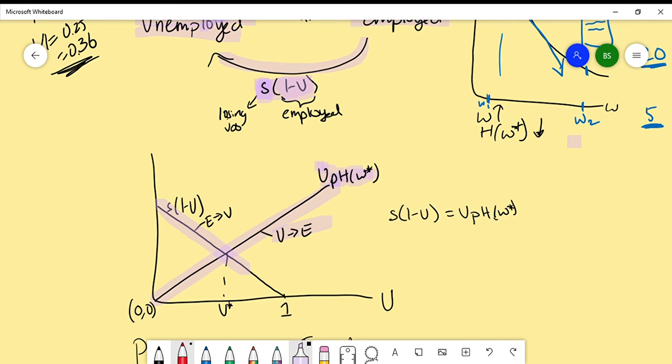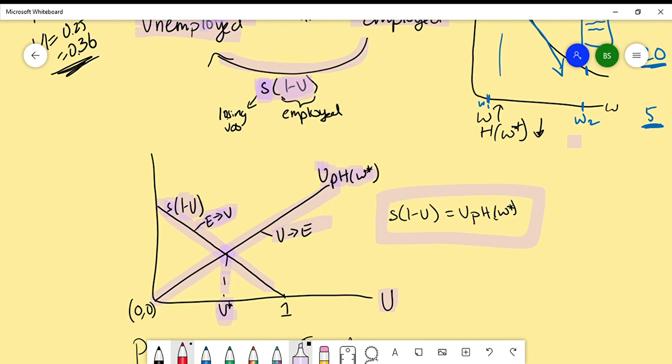And this thing over here is the people who are employed, but there's a probability of them losing their job. So this is the people that go from employed to unemployed. They're opposite things, and here's the equilibrium rate of unemployment. It's as a function of unemployment, and at equilibrium we have this thing over here.